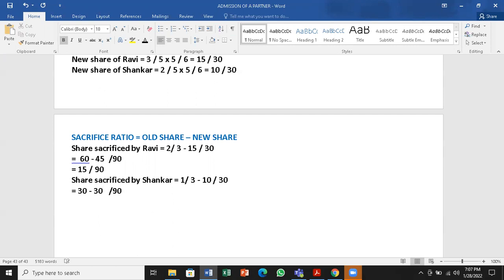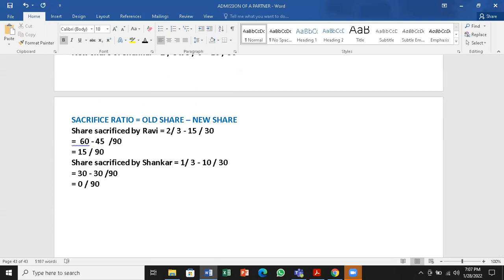You'll be wondering, sir, 30 minus 30 will be 0. Definitely yes. So 0 divided by 90. So in a way, Shankar is not sacrificing anything. So sacrifice is made by only one person.